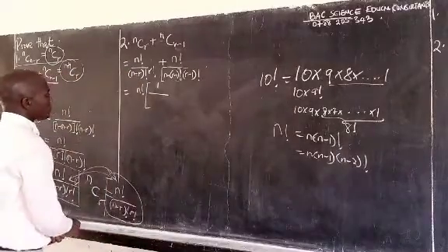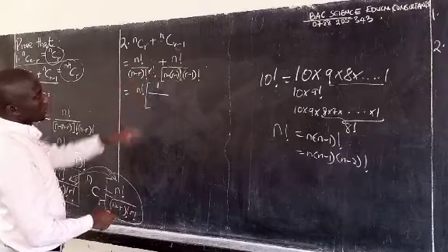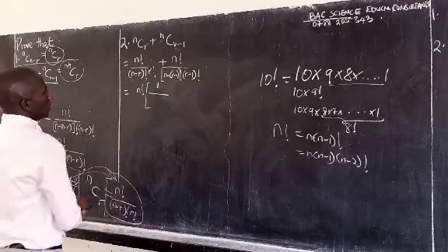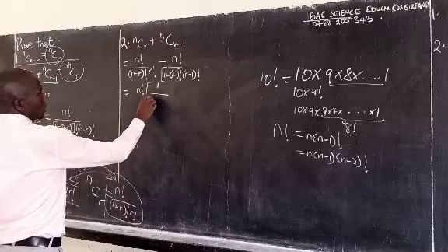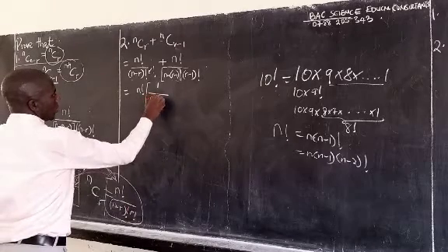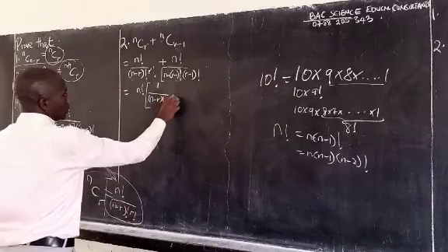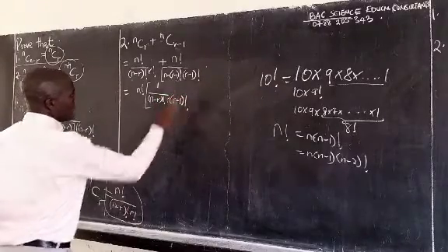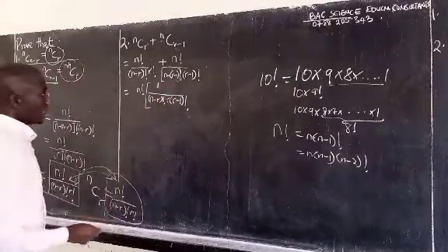Yes. So this is n minus r factorial, then r factorial. We are saying we are doing this one as n minus r factorial, then r into r minus 1 factorial. And actually I'm getting some good thing there.